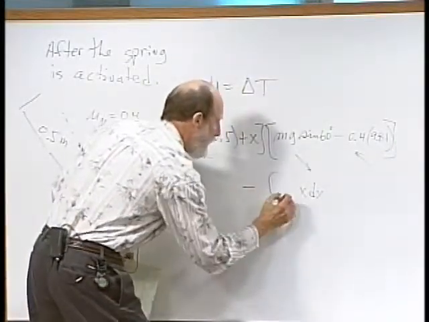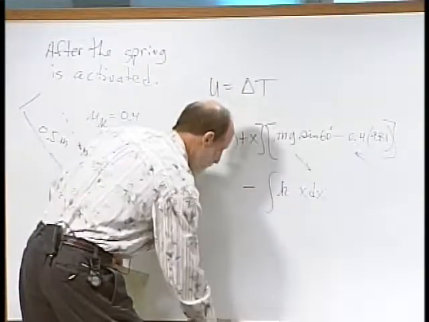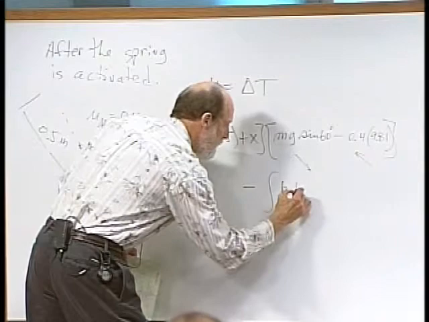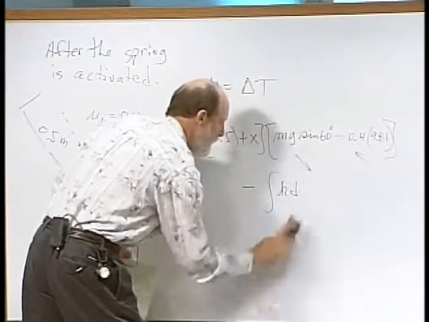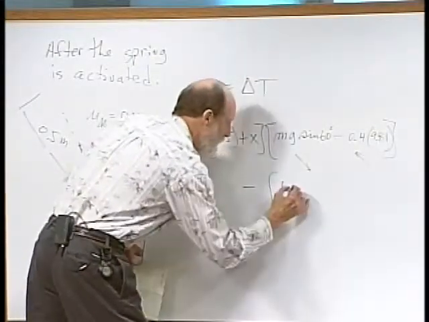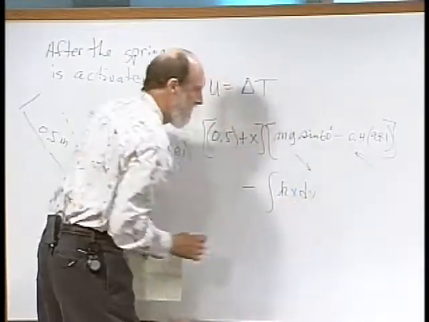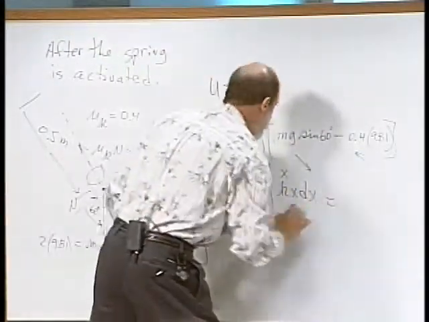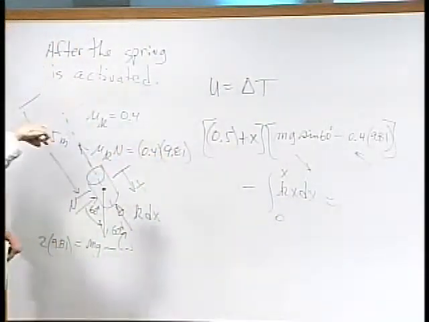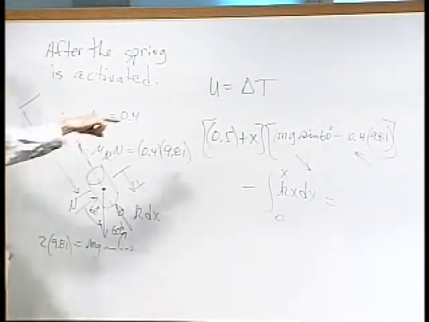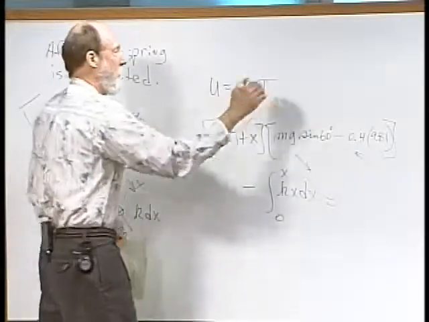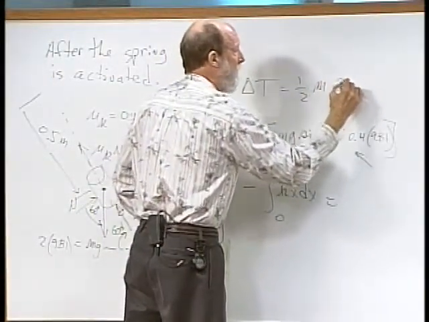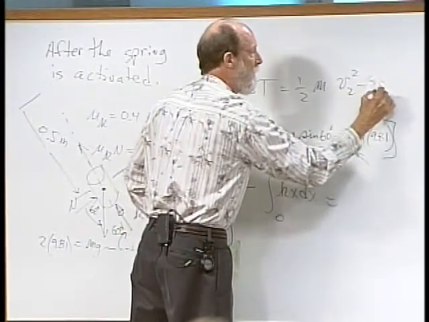So it's actually the integral of kx dx from 0 to x. And that has to be equal to the change in the, what? Energy of the motion, which is 1/2 m times v2 squared minus v1 squared.